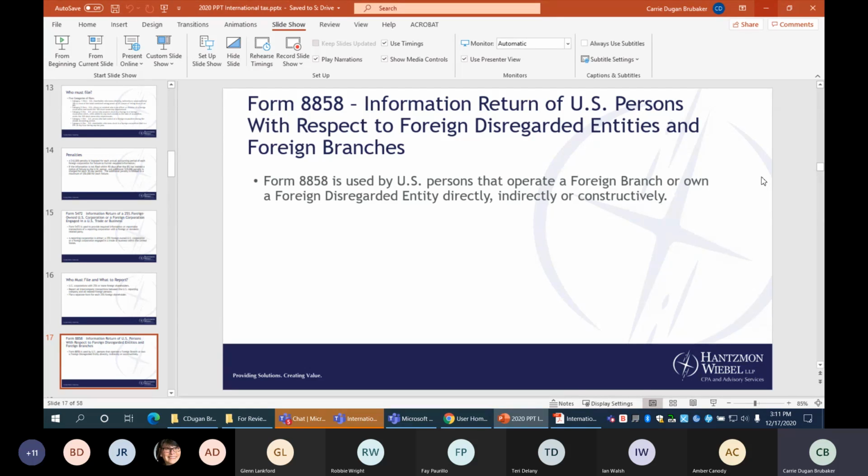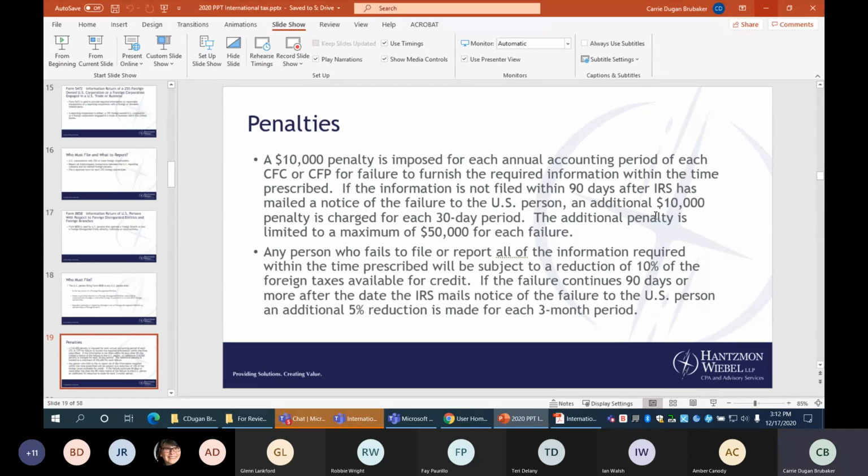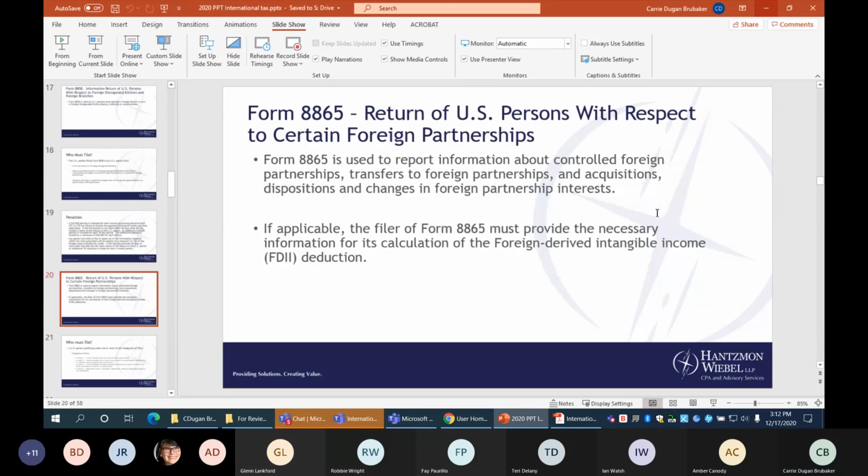If we know that a client does have an overseas rental property, we need to look at filing this 8858. Again, the penalties here can be anywhere between $10,000 and $50,000 for not reporting. So, as always, don't forget to report.